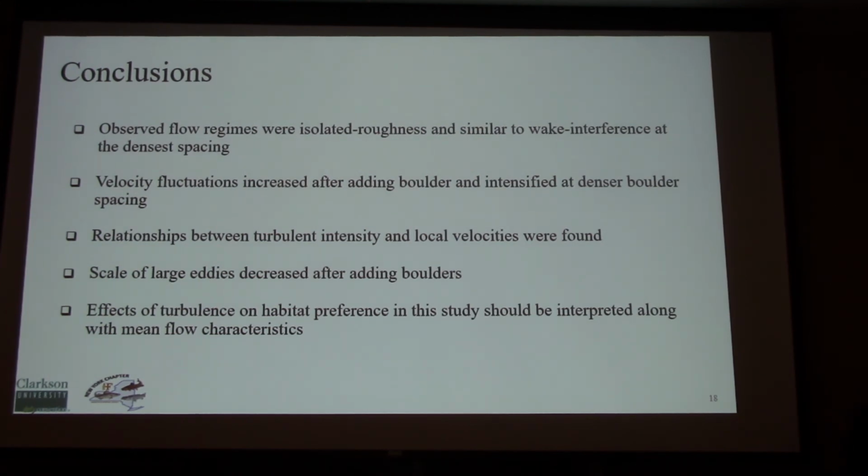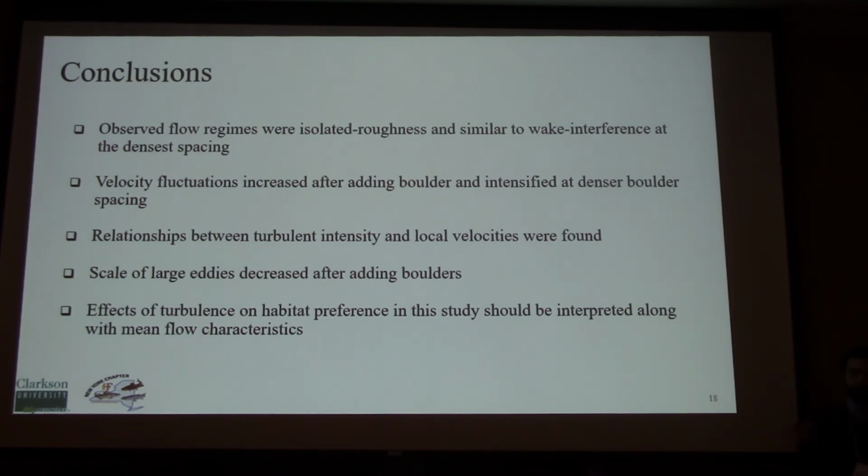we found that the scale of large eddies decreased after adding boulders. And it's important to consider that we cannot just decide based on the turbulence parameters. We should see the turbulence parameters aligned with also mean parameters, like mean velocity. For example, in our studies, you saw that when we decrease the boulder spacing, some turbulence parameters increased.